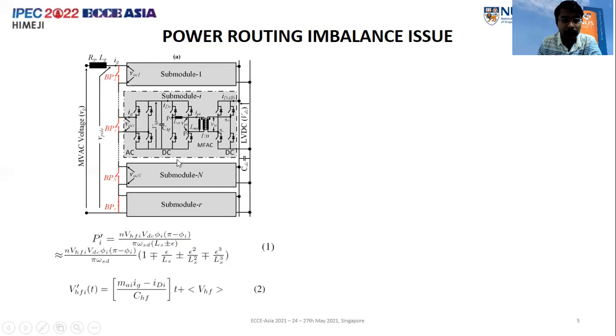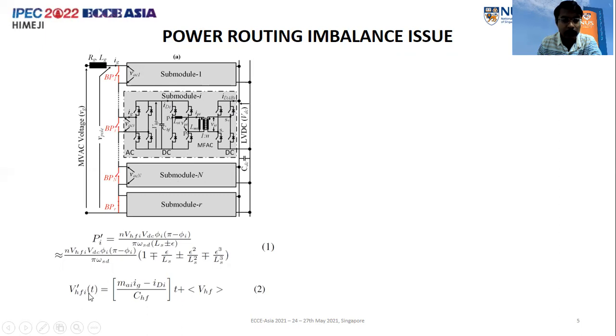So how is this manifested? If, let's say, the inductor has a positive error, that it slightly has a higher value than what is intended, it leads to this current ID over here to be lower. Why? Because the power transfer is lower due to a higher inductance, as can be seen here.